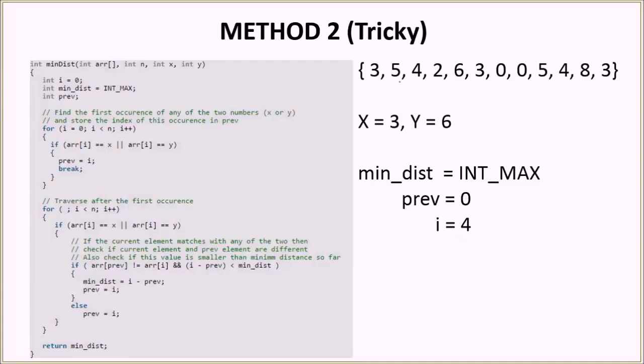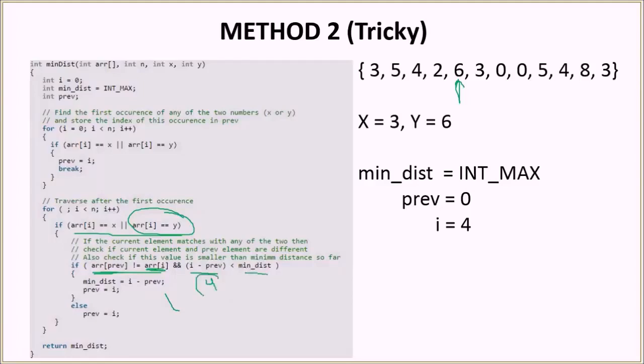Then i becomes 4. So 0, 1, 2, 3, 4. Here the element is 6, so this condition holds true. We see that array of previous is not equal to array of i, because this value was 3 and this value is now 6. So that is true. And i minus previous: previous was 0, i is 4, so 4 minus 0 is 4, and the minimum distance is int max.